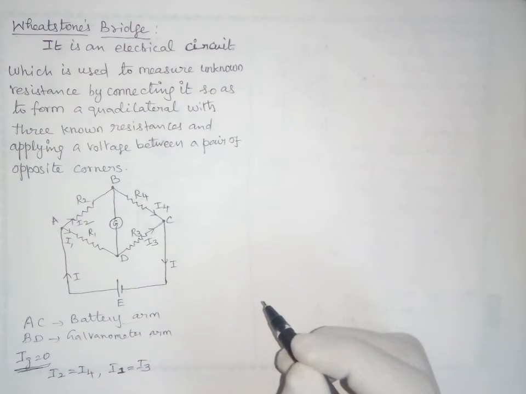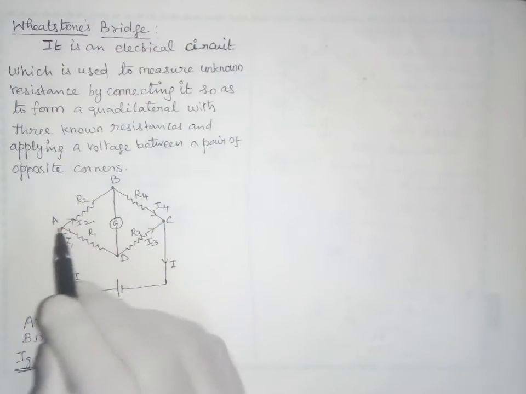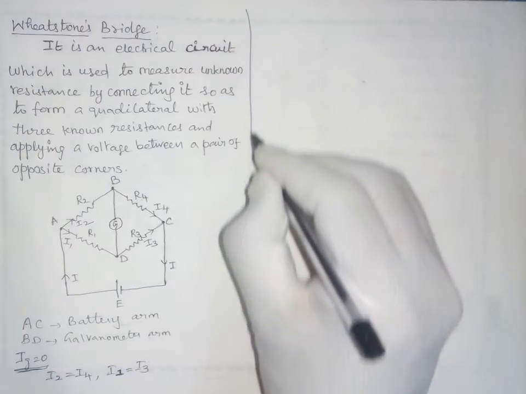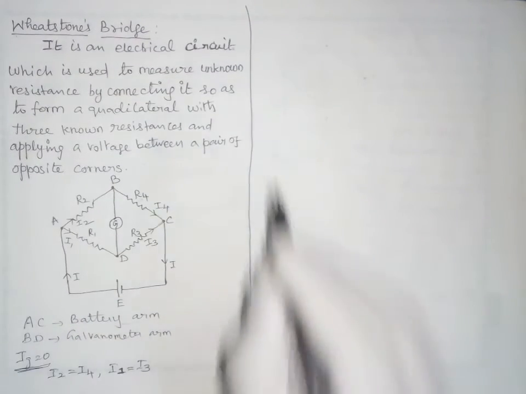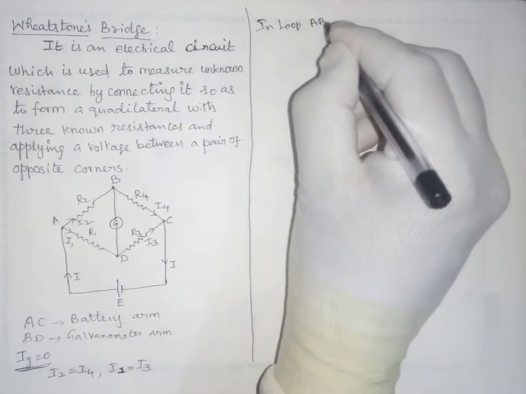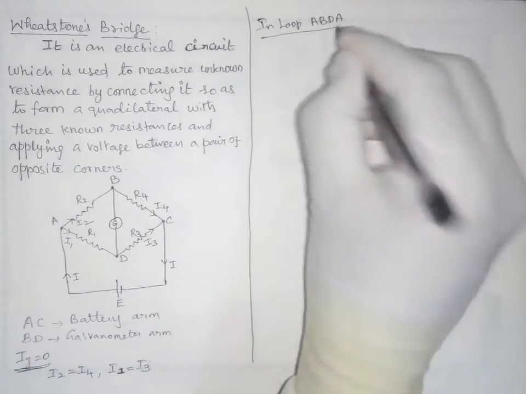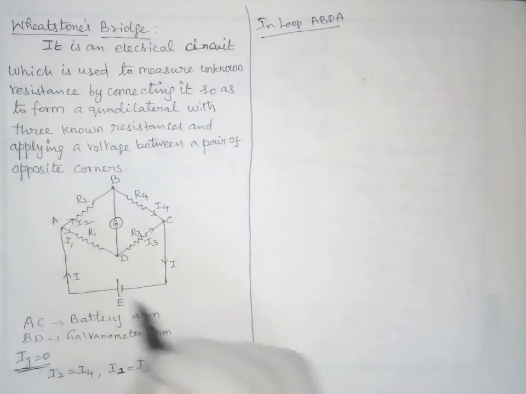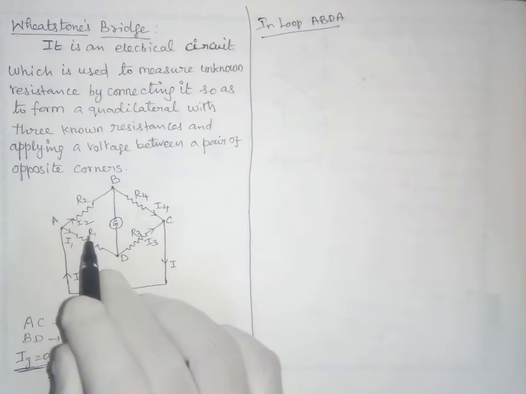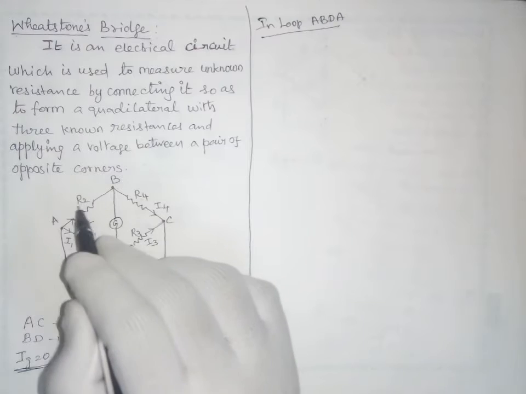Applying Kirchhoff's second law, that is the voltage law or loop rule, consider the loop ABDA. Here there is no EMF, so we only calculate the voltage drop across the resistors.